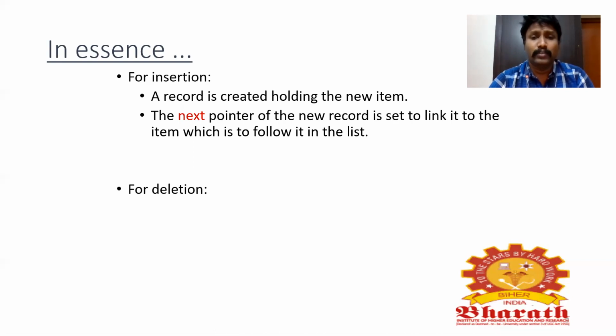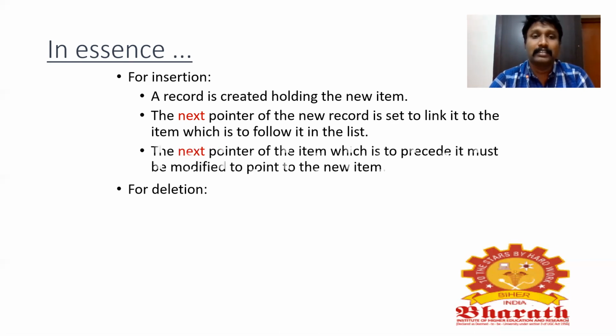So the new record, which has a new pointer, should be linked with the other connective node, so that it is placed inside the list. Third, the next pointer of the item which is to precede, precede meaning the one before, must be modified to point to the new item. So these are the 3 important essentials for insertion.